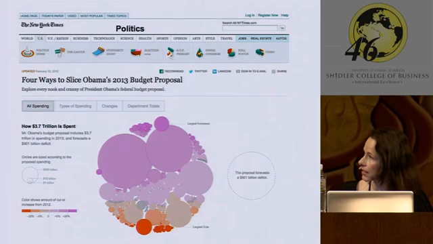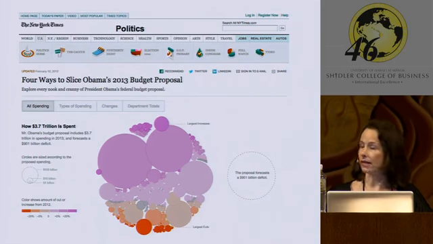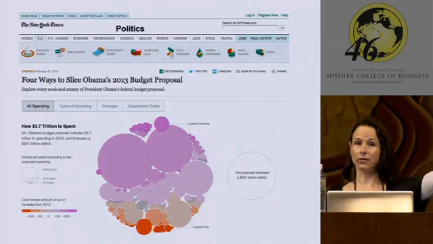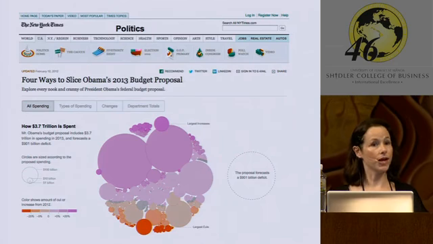So this, for instance, is the Obama budget for this year, 2013, and all the different pieces are colored by whether they got an increase in spending, that is the green, or whether they got cuts in spending, which is the red.